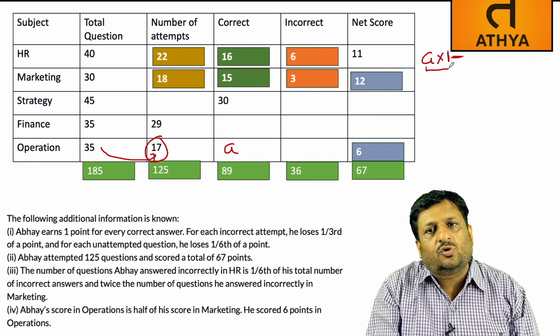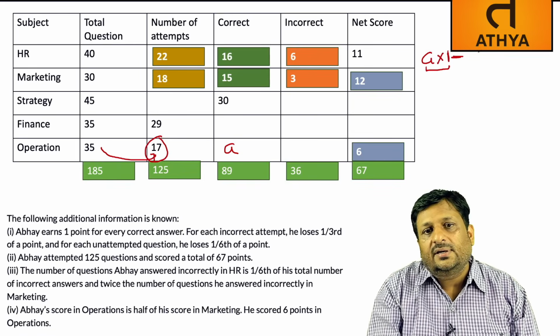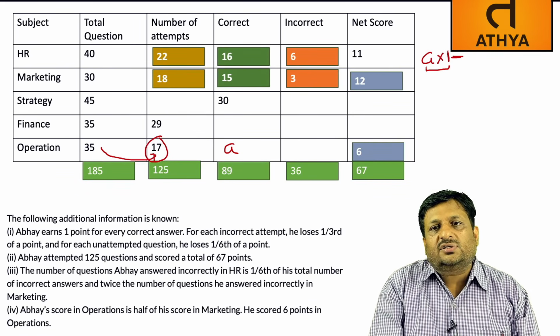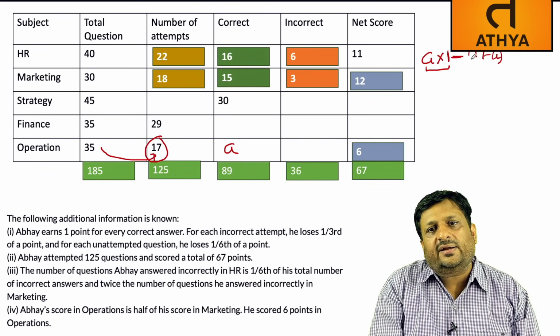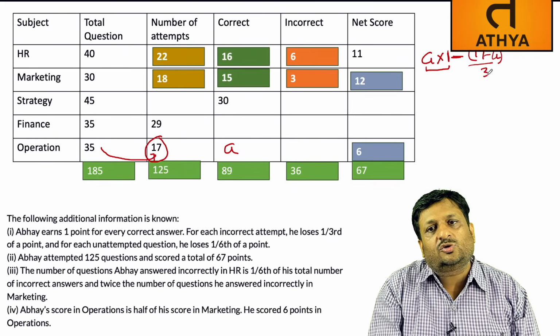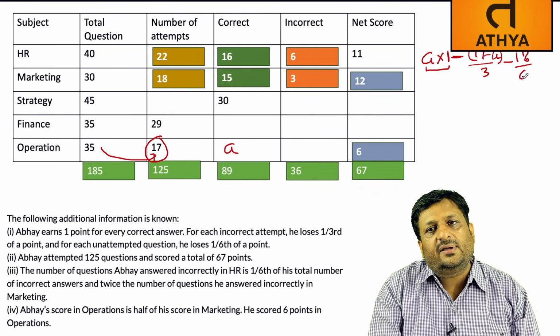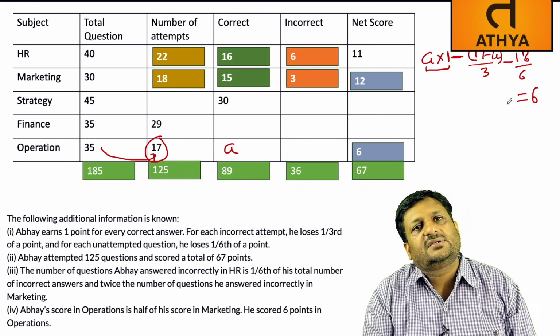So how many he got incorrect? 17 minus A must be incorrect. So this should be the penalty. And of course he left 18 questions and this should be the penalty. And this score is given to me as 6, isn't it?